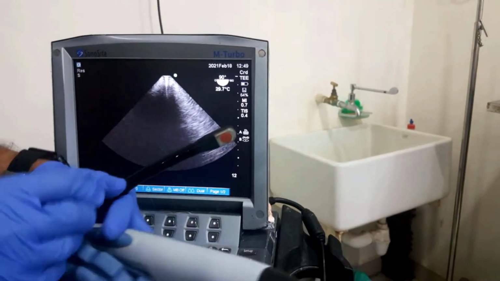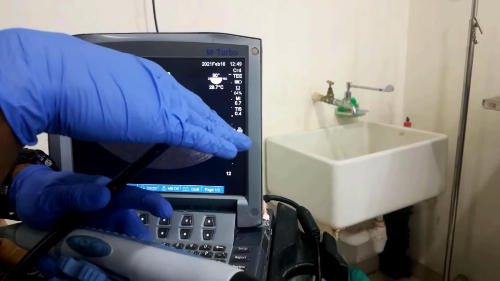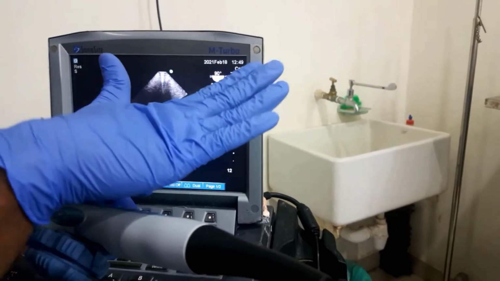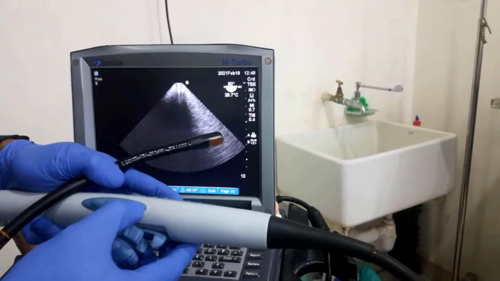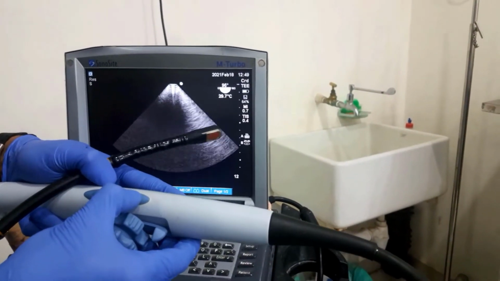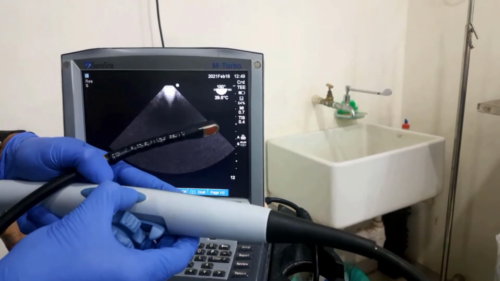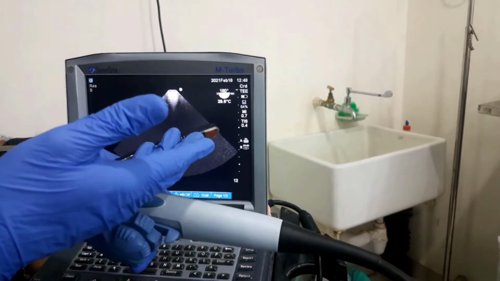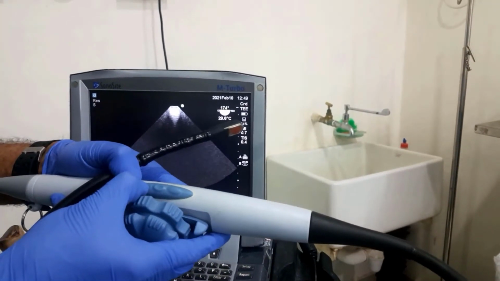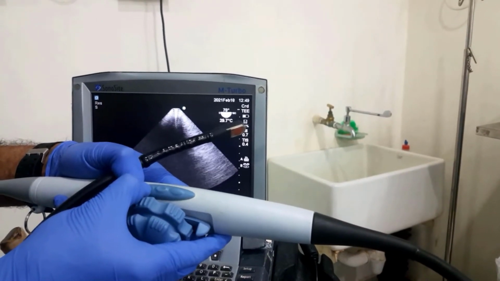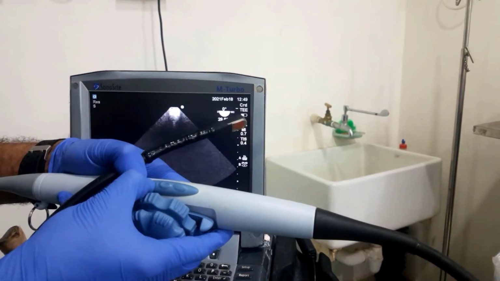What that means is that the beam plane that was coming out like this has now rotated 90 degrees and is going to come out this way. This angle can be changed up to 180 degrees. That is the maximum. Basically that's a mirror image of what we would see at 0 degrees. The other button reduces the angle and I can bring it back all the way to 0.